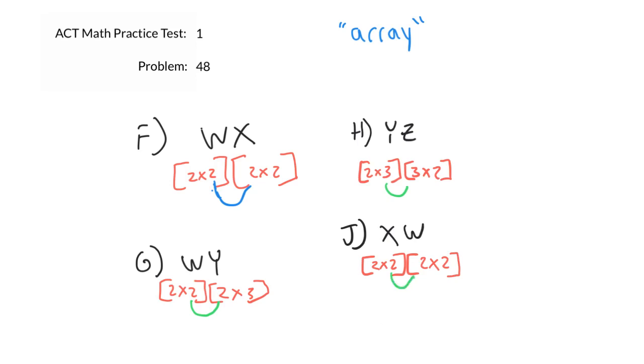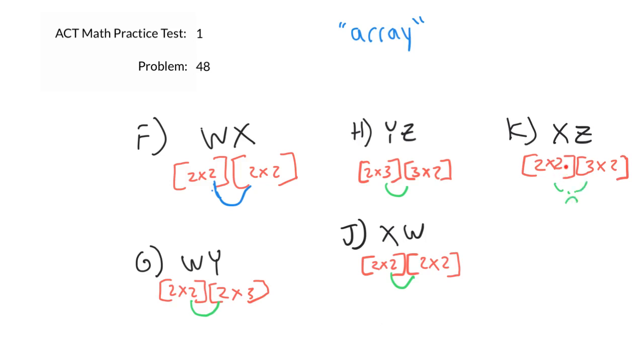So we know by the process of elimination the answer is K, but let's just look at it anyway for our own satisfaction. We have XZ, and X is 2 by 2, and Z is 3 by 2, and we can clearly see these do not match, right?